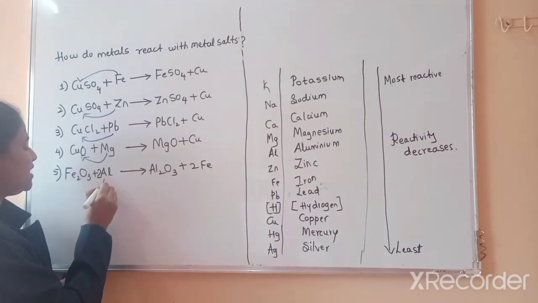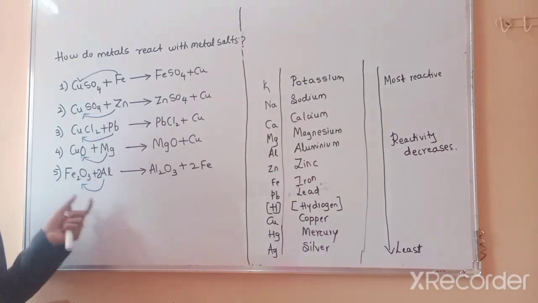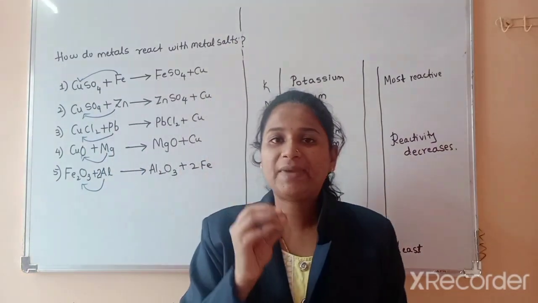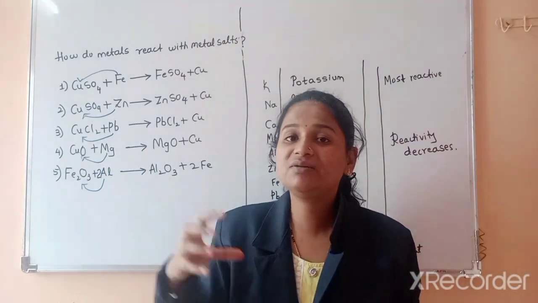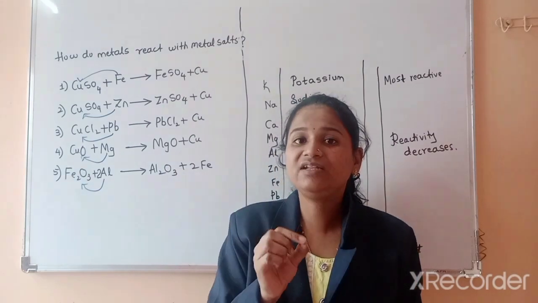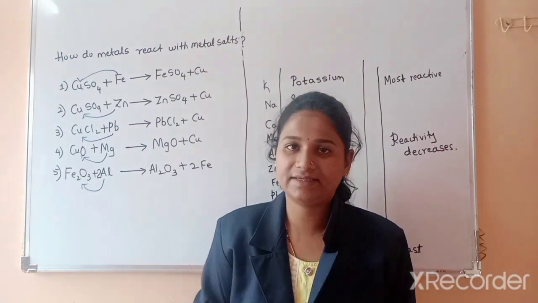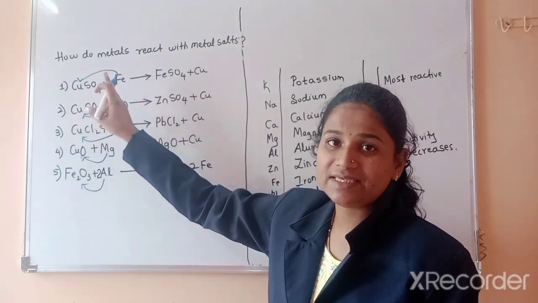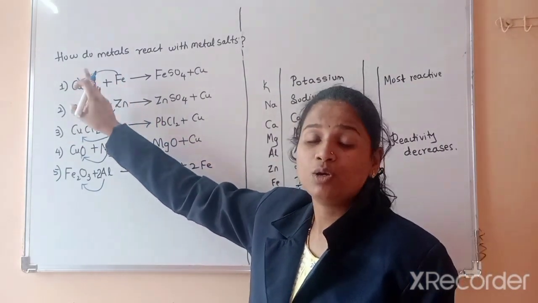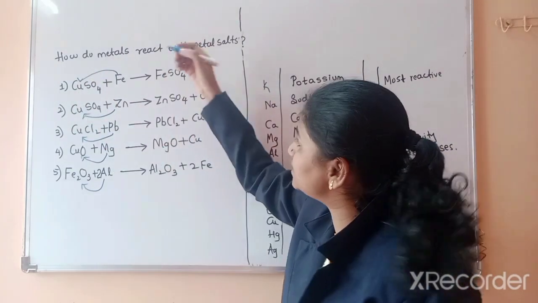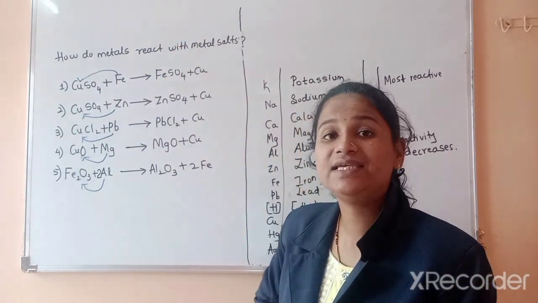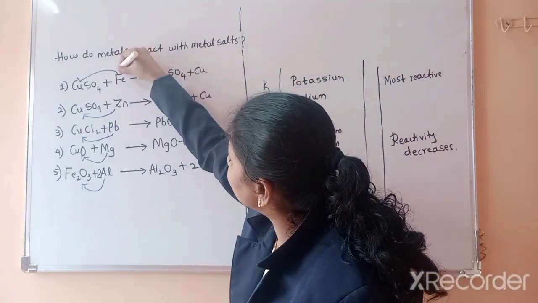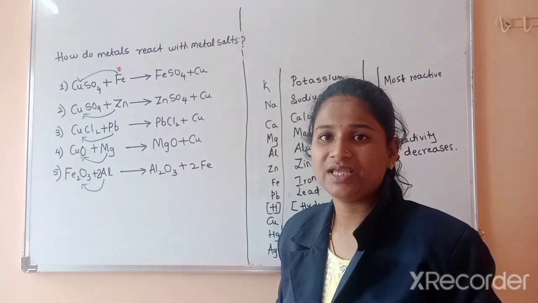Mg from copper oxide, aluminium in ferric oxide solution. Here, which metal displaces the other metal from its solution, that metal will be more reactive than it. For example, iron is taking the place of copper from its solution, which means iron is more reactive.